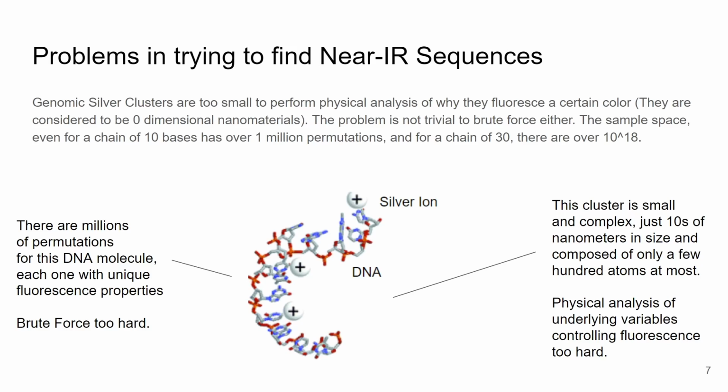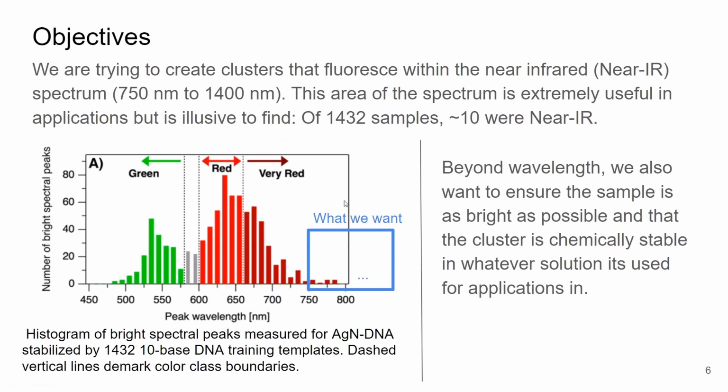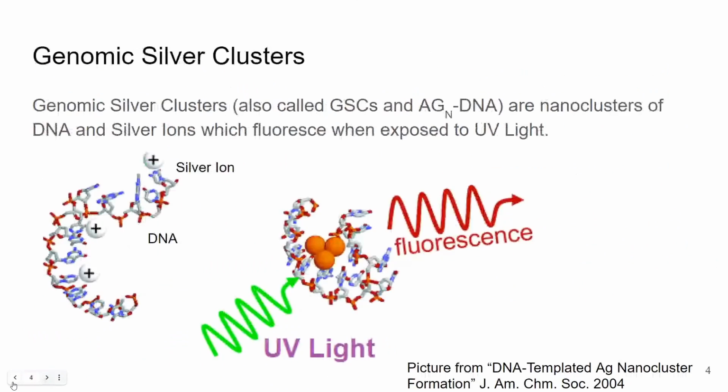The other issue is the fact that it's almost impossible to brute force this. When you think about how many DNA bases we're able to do, even with a chain of just 10 bases, there's over 1 million permutations of 10 DNA bases. So in our case, we're using a chain of 10 DNA bases, but you can construct this out of arbitrary length chains of like 30, say, bases, right?